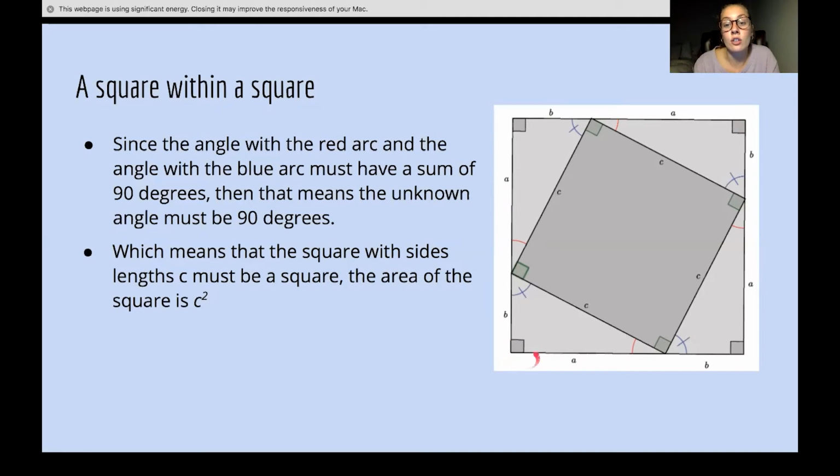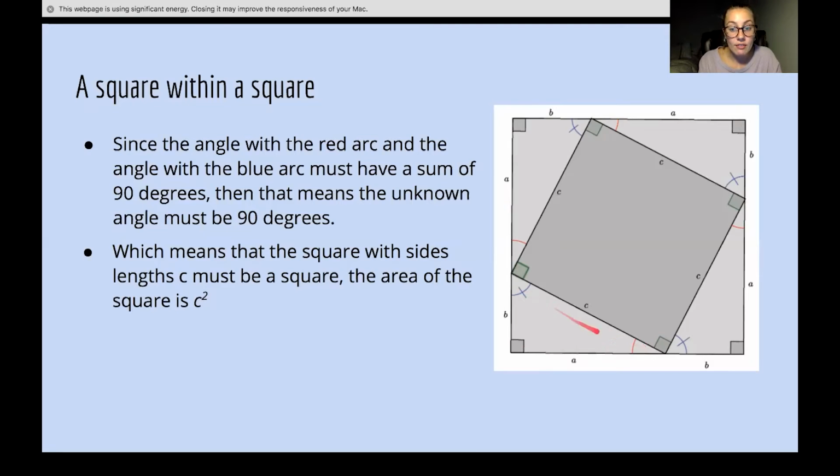So we have our 90 degrees in the corner, and that leaves us knowing that in order for it to be a triangle, it has to add up to 180 degrees. We know it's a right triangle, so one angle is already 90 degrees. Then our two other angles, our blue arc and our red arc, have to equal 90.